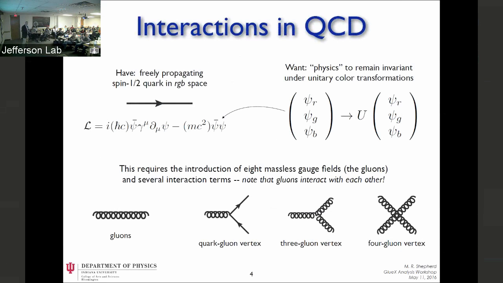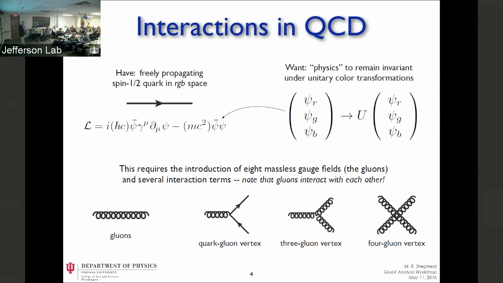So why is color interesting? In QCD, you have these 3 types of color, and one thing that you want is gauge invariance. So you want the QCD Lagrangian to remain completely unchanged under transformations in this color space.